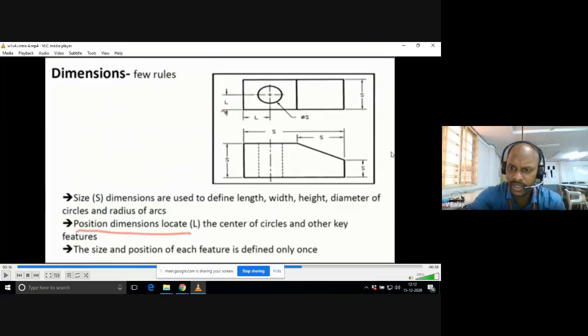Whenever you are marking dimension lines, they should not be inside the object. Whatever the dimension lines, radius or any other dimension things, they should be away from the object, not inside the object. That you have to think of.